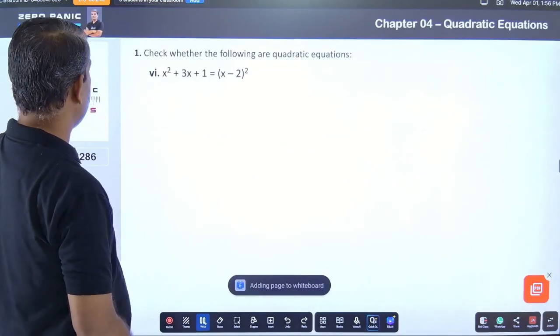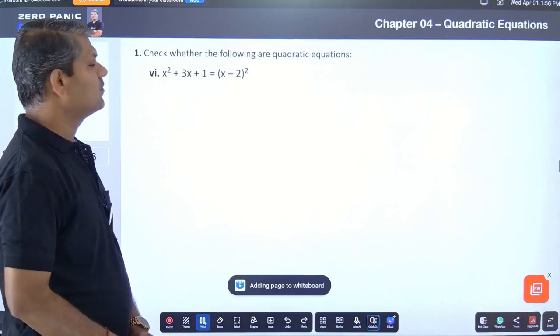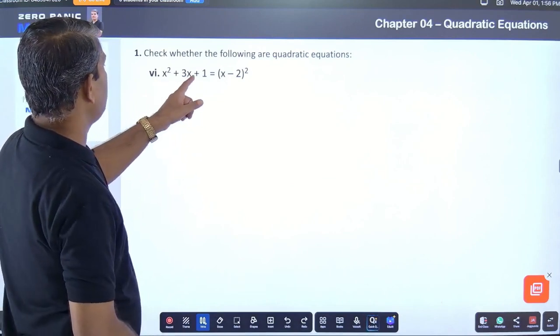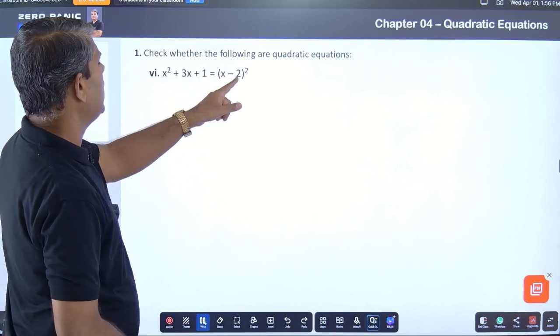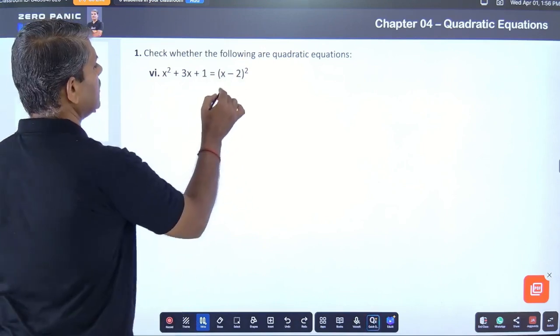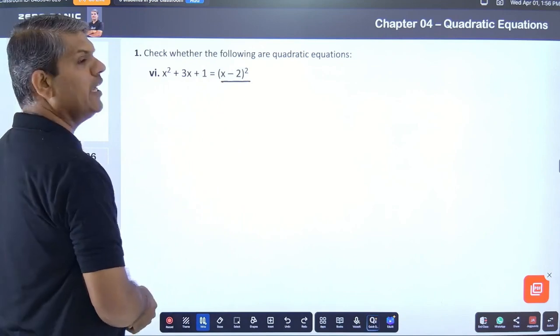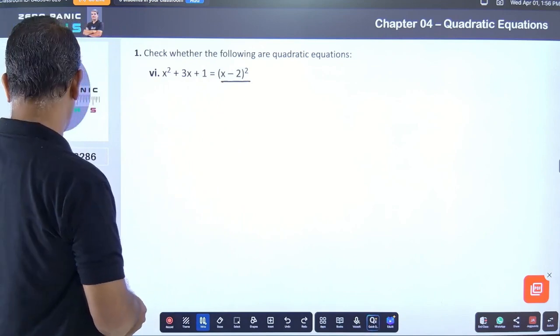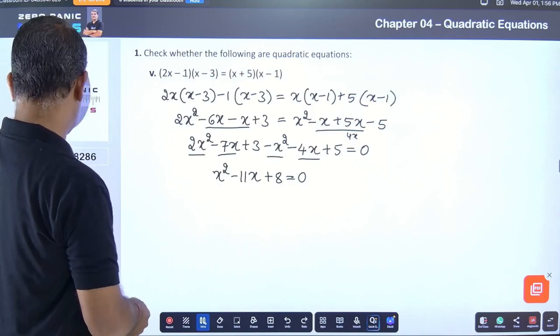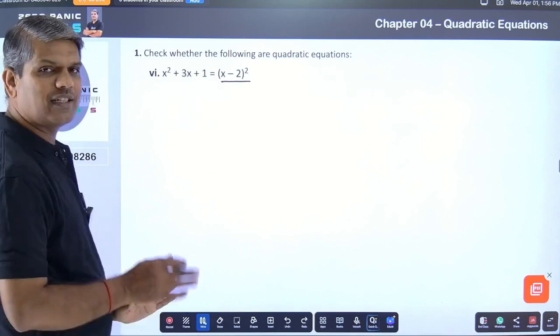Okay. Sixth problem. Sixth problem is x square plus 3x plus 1 is equal to a minus b whole square format. So this is in the format of a minus b whole square. Okay, so this is the fifth. Now we are at the sixth problem only.